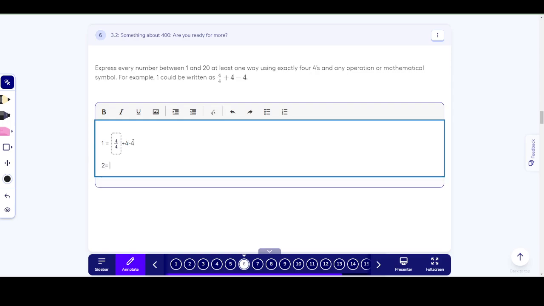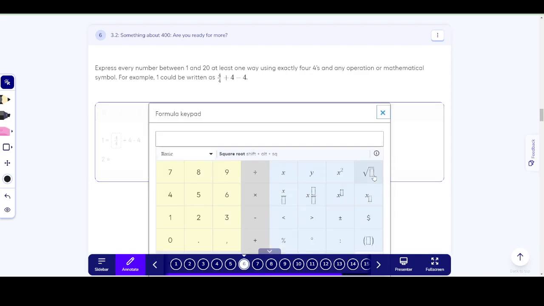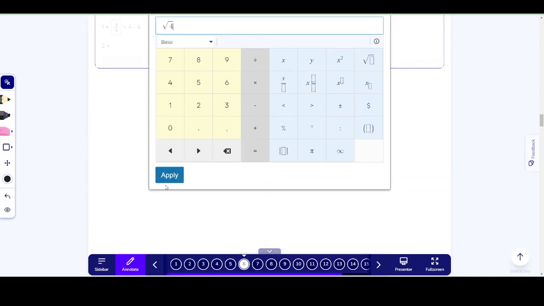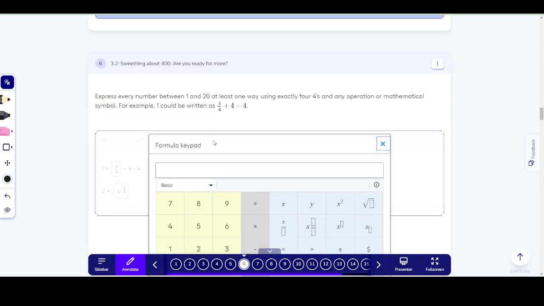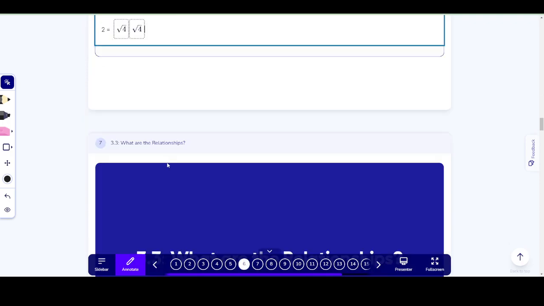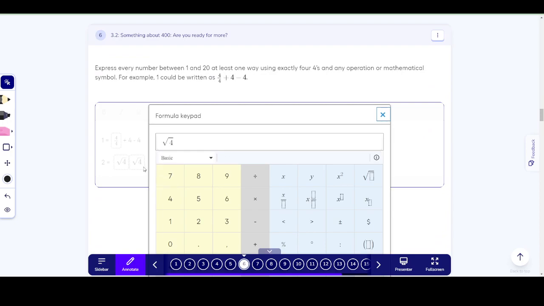Now you have to do that for 2. I will do 2 with you guys. Let's spread these out. You can use any mathematical symbol. I'm going to make life really easy for myself.